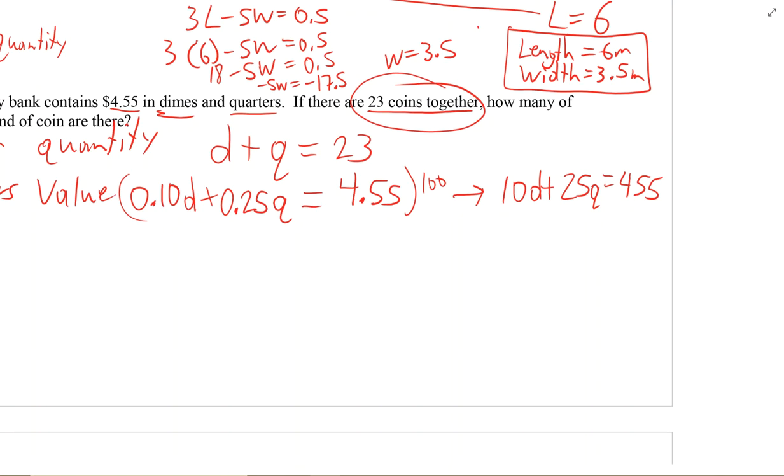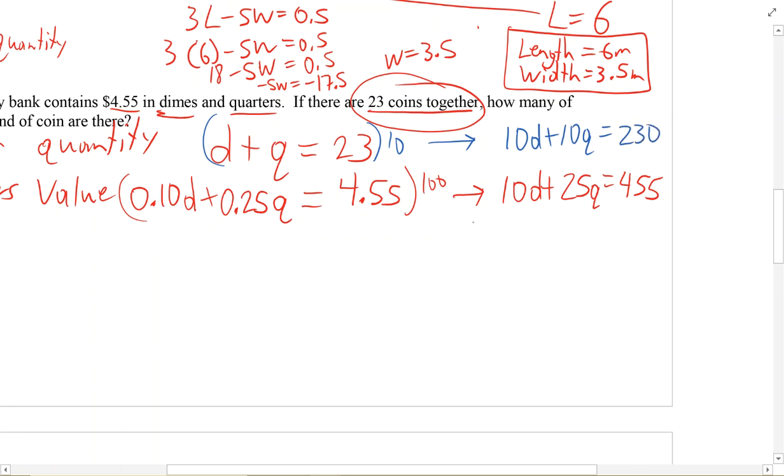Now, let's multiply the top equation by a number so we can eliminate either D or Q. Which one do you want to eliminate, Manu? So what should we multiply the top equation by? 10. Awesome. So multiply this one by 10. And often in the olden days, we never used calculators, right? And that's the other reason why we like the get rid of the decimal trick. Okay. Add or subtract, Manu?